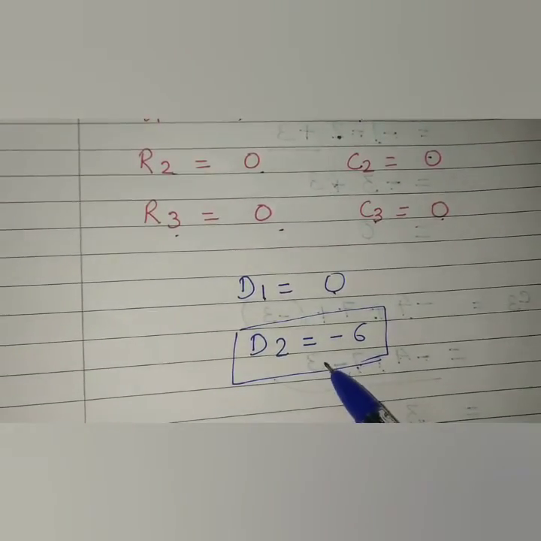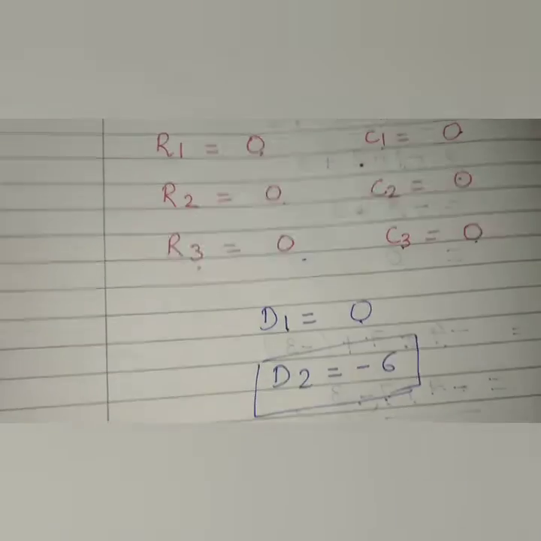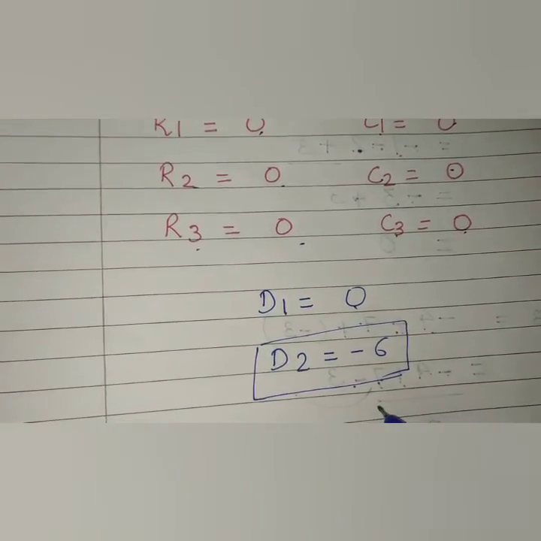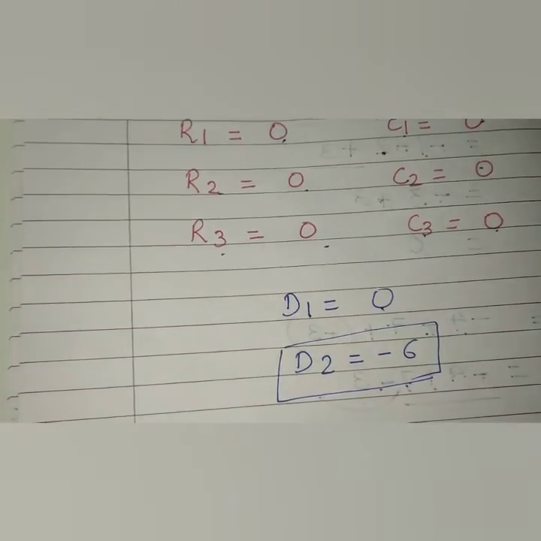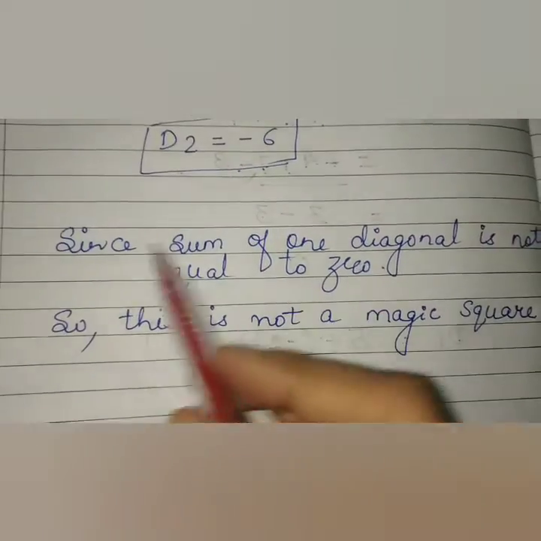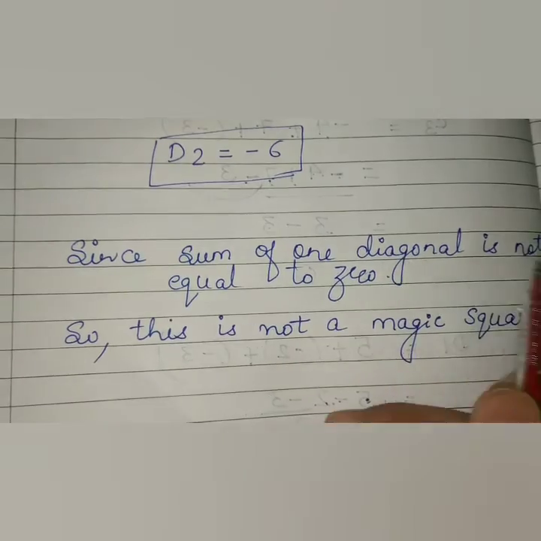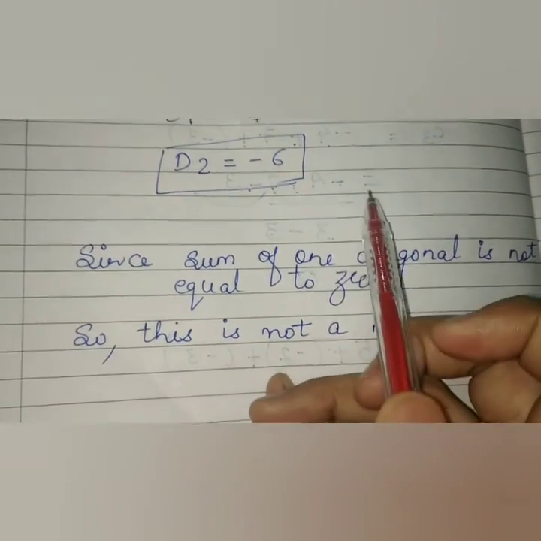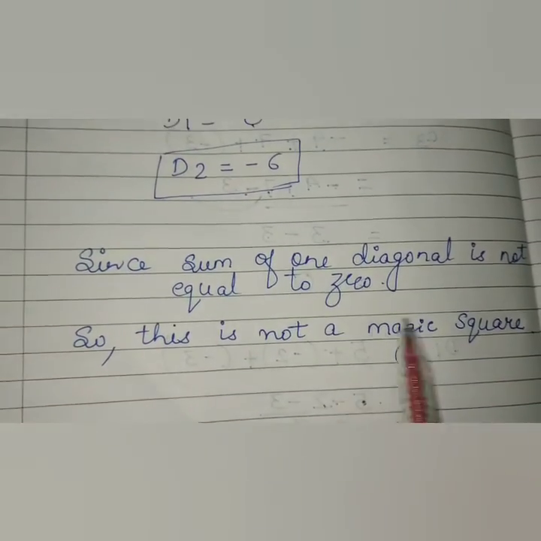If the D2 answer was also 0, then it would be a magic square, but since D2 is equal to minus 6, this is not a magic square. So I will write: since the sum of one diagonal is not equal to 0, which one? D2 is equal to minus 6, this is not equal to 0, so this is not a magic square.